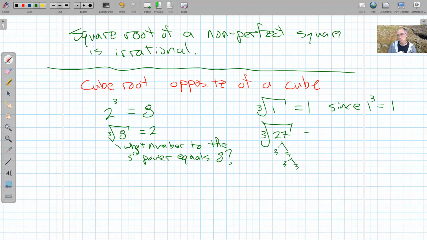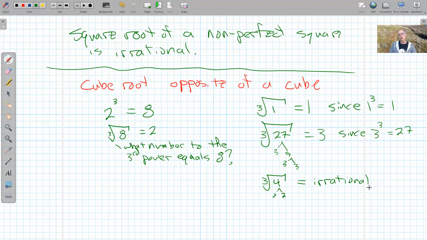So the cube root of 27 must be 3, since 3 cubed is 27. If the number inside isn't a perfect cube, I got a problem. So if I tried to take the cube root of 4, 4 is 2 times 2. It is not a cube. That means this number is also going to be irrational, kind of for a similar reason about the square roots.